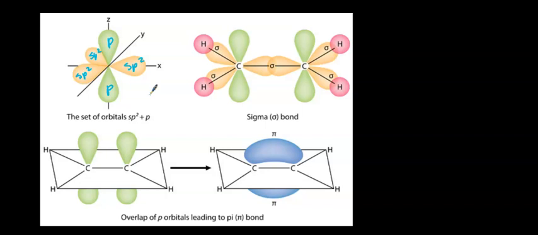So when we have this molecule C2H4, the sp2 hybrid orbital here overlaps with the other carbon's sp2 hybrid orbital, and we can see that forms one of these sigma bonds. There's also a sigma bond that forms between the other 2 sp2 hybrid orbitals and hydrogen's 1s atomic orbital.